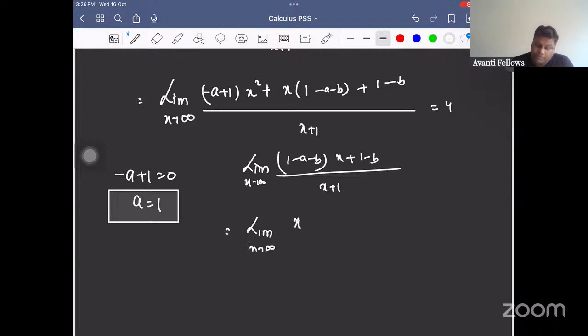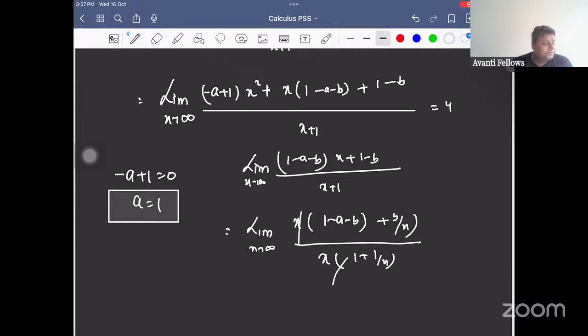Take x common from the numerator: 1 minus a minus b plus b by x, upon x common, the 1 plus 1 by x. These two cancelled. Got it? Now, value of the limit will be what? 1 minus a minus b.